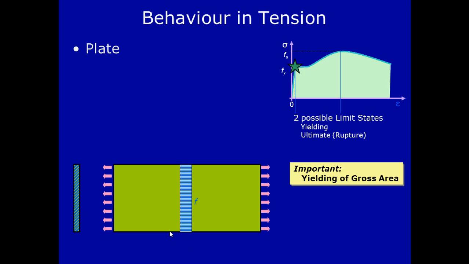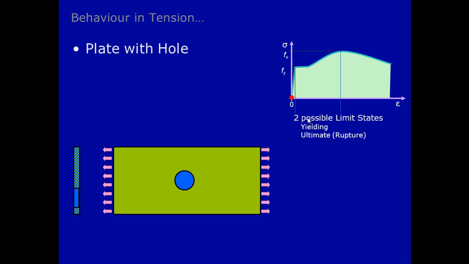So we have to limit ourselves up to the yield strength of this plate, and this should be the limit state in case of a plate subjected to tensile forces.